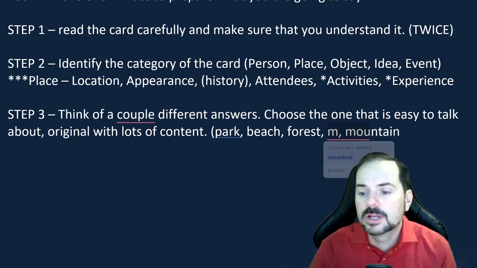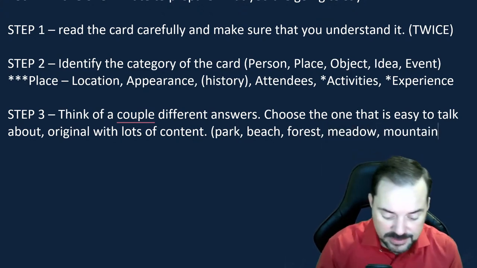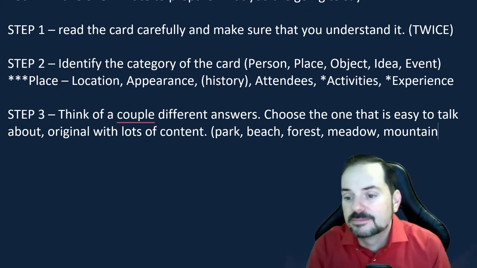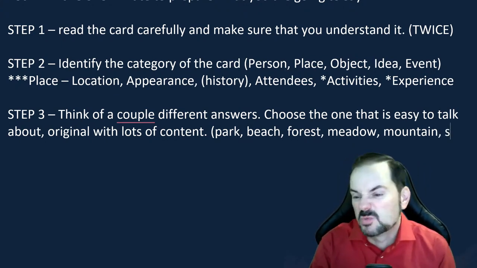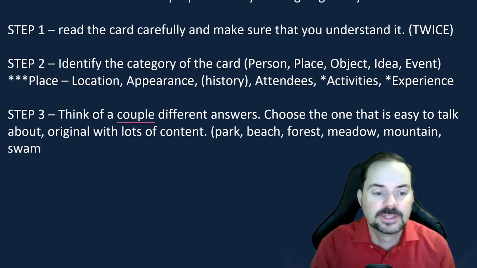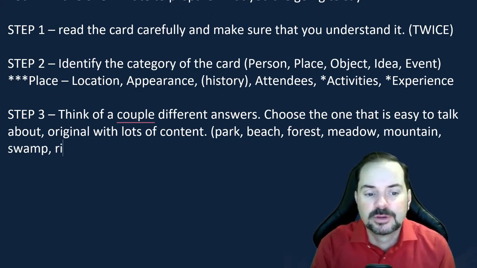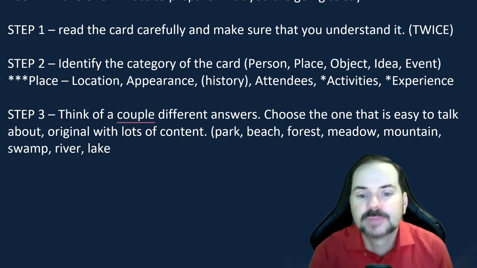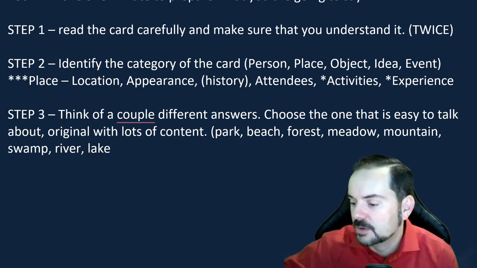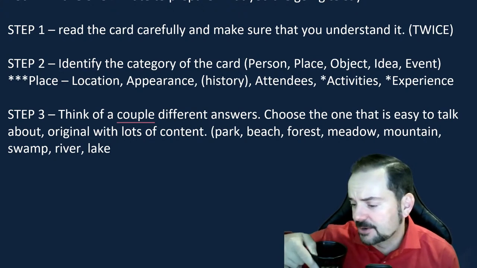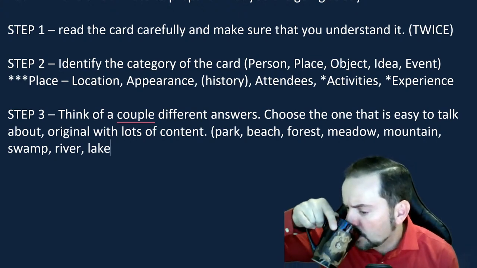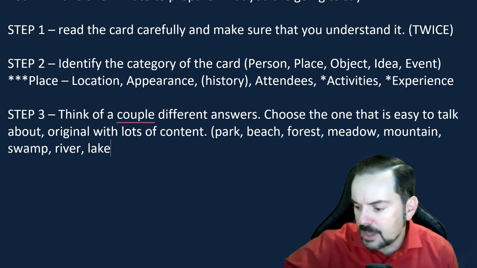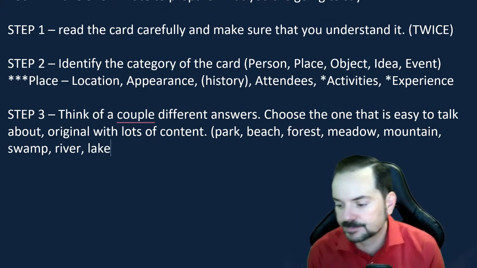So there are lots of different, if you live in some parts of the States, or it could be a swamp even, could be a river, lake. All right, there's lots of different places. So tell me about some places near your home that are a part of nature.